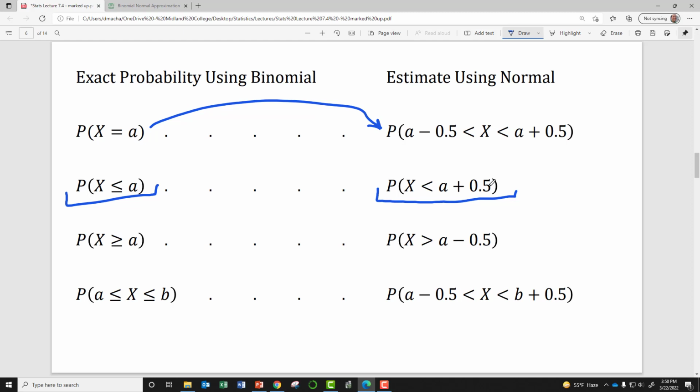Then if you want the probability that your random variable is greater than or equal to a, then we'll use the normal distribution and calculate the probability that x is greater than a minus a half for the same reason.